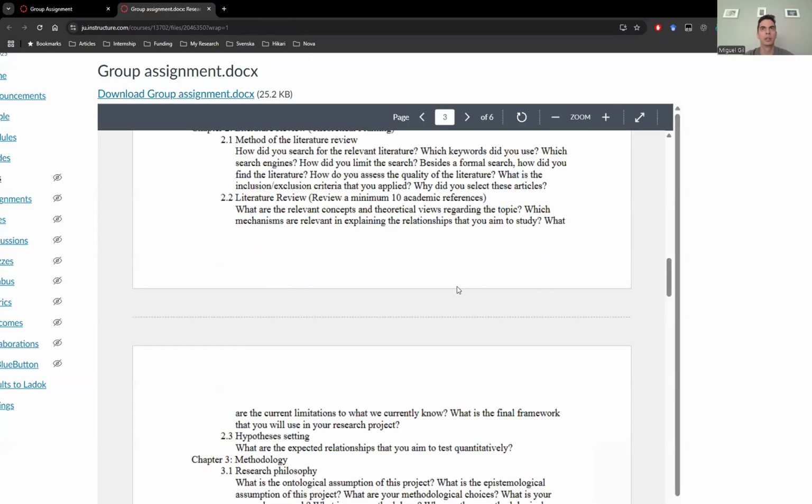Here you can divide the reading of the articles. Maybe try to divide two articles for each person, and then that will be okay. Also, when you do this big search, it will be a big mess. I already told you in the lecture, maybe you will end up with 3,000 articles.